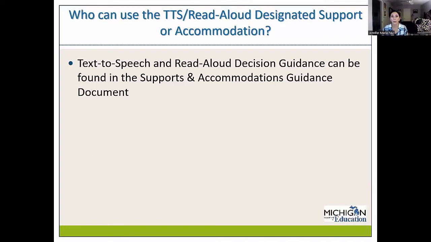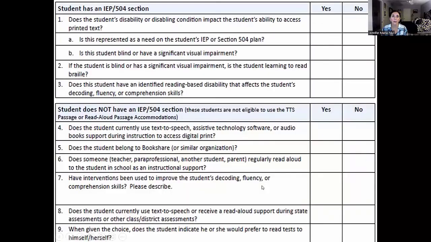If you go out and grab that document from any one of our web pages, you can go to www.michigan.gov/mstep. Under the student support section of the page, you'll find that supports and accommodations guidance document that's going to provide you with a really handy worksheet of sorts to help you, at the individual student level, ask some questions about things that the student is currently using.